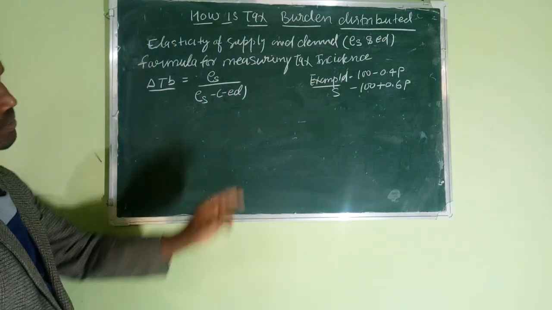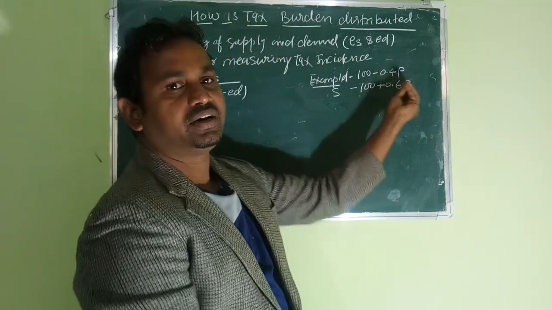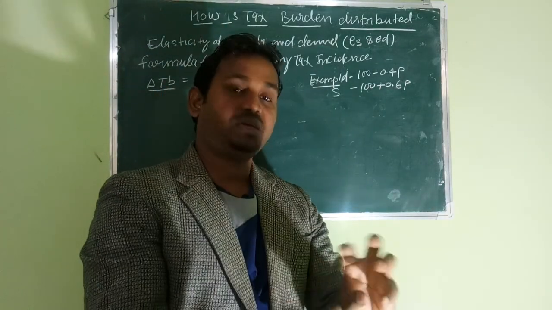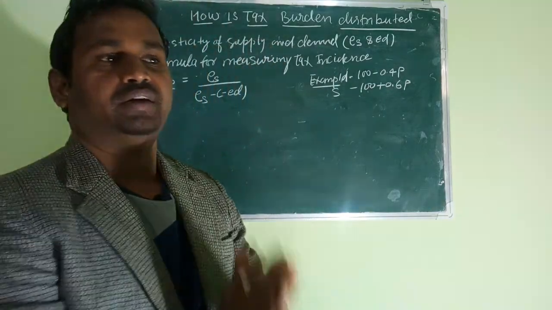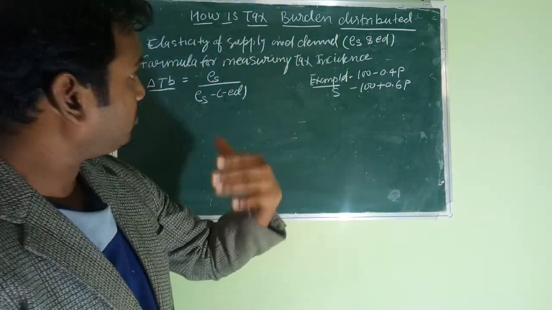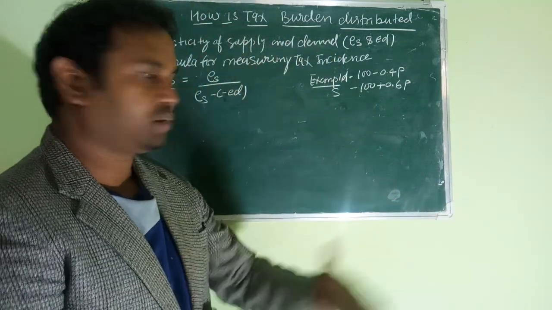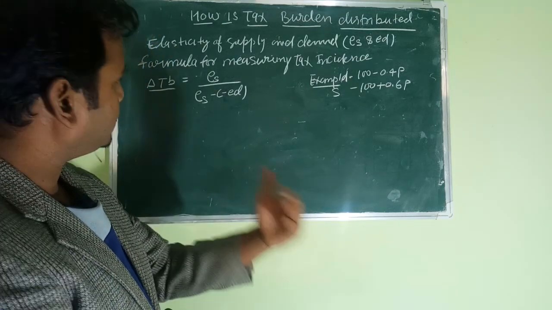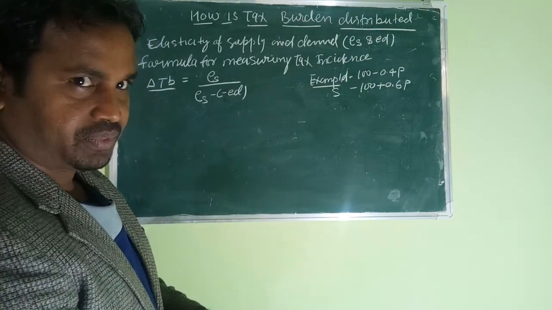If a linear demand function and linear supply function are given, and the government imposes any size of tax, like 10%, 20%, 100%, whatever the government imposes, how much is the share of the seller and how much is the share of the buyer?